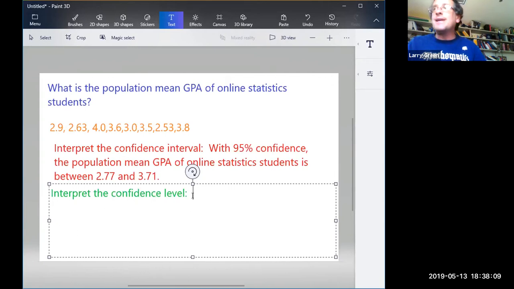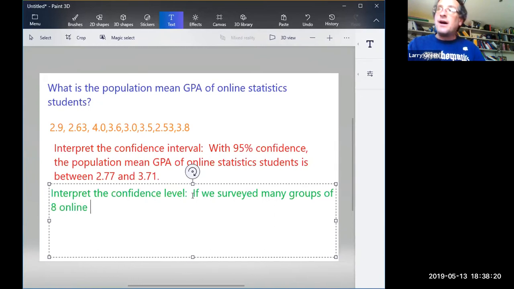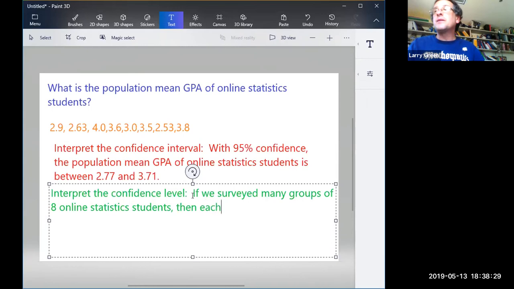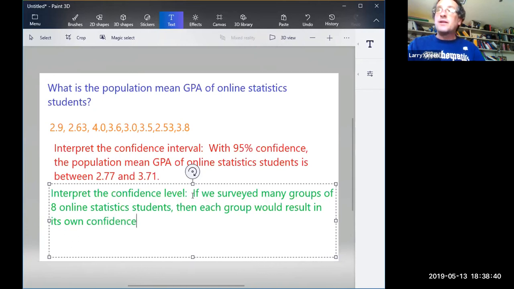But what we can say is that if we surveyed many groups of 8 online statistics students, then each group would result in its own confidence interval. If I asked a different 8 people, I'd get different answers, a different confidence interval.